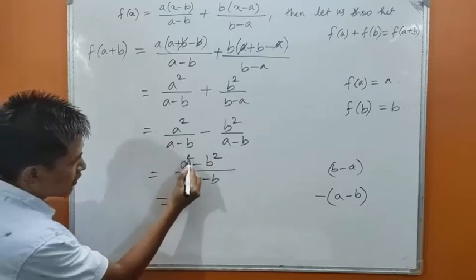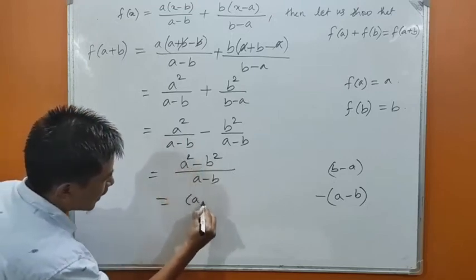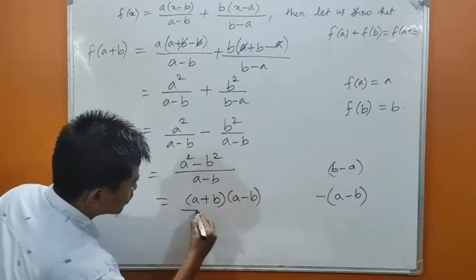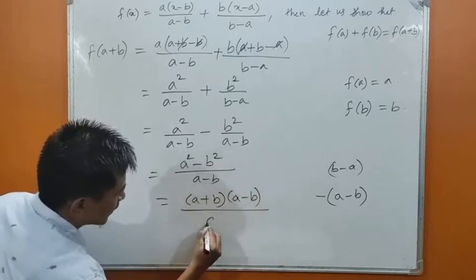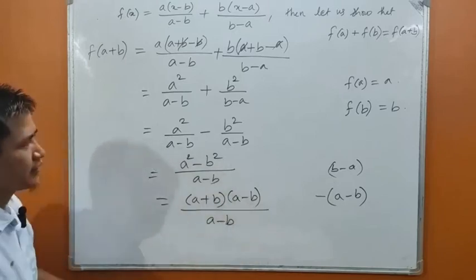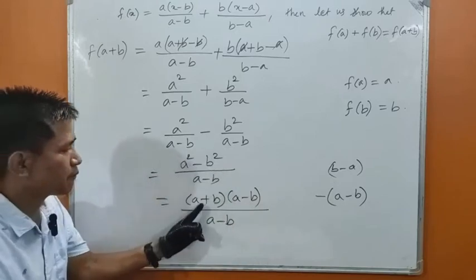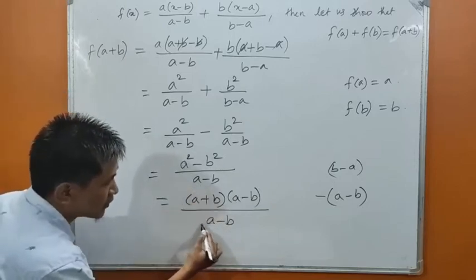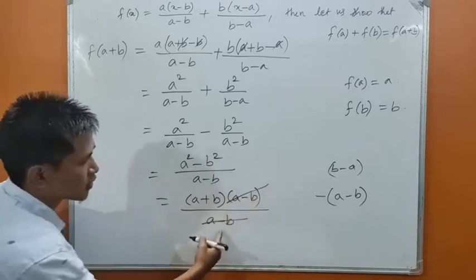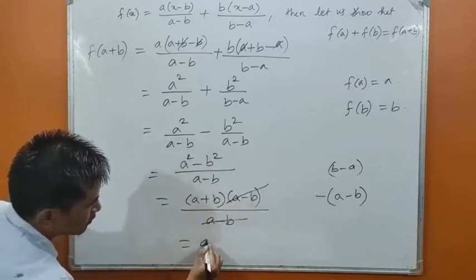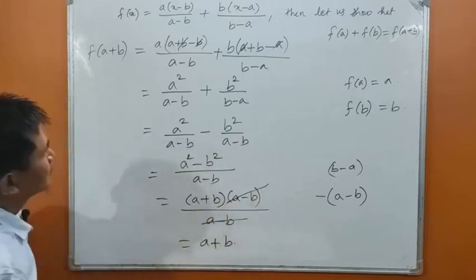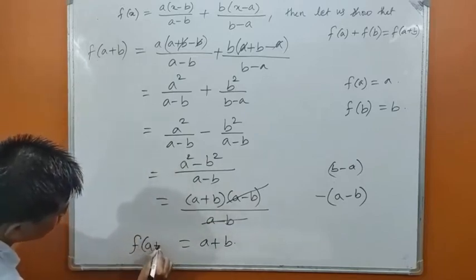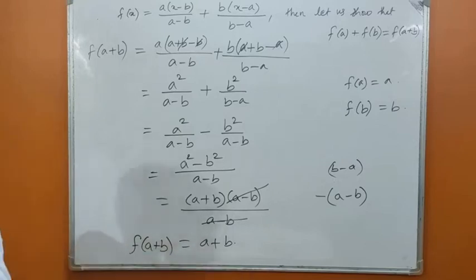A square minus b square is a plus b into a minus b. This is a formula, okay? And this a minus b we already have in the denominator, so this can be cancelled. So this is a plus b, okay? So f of a plus b equals a plus b, isn't it?